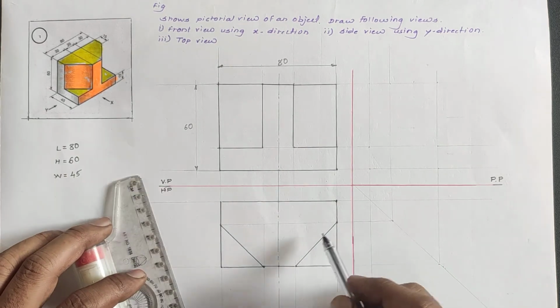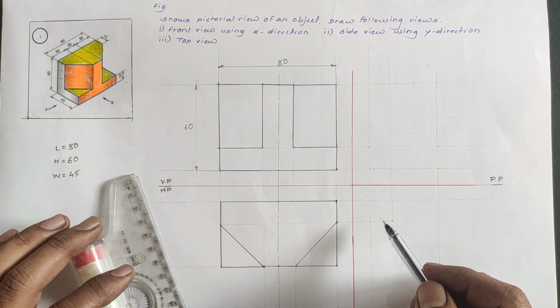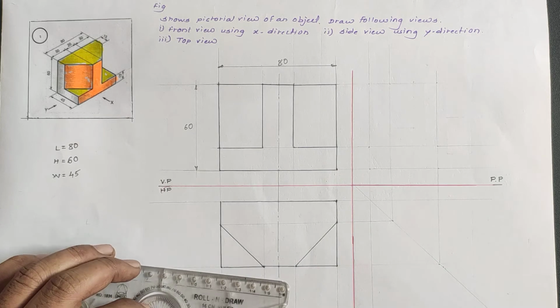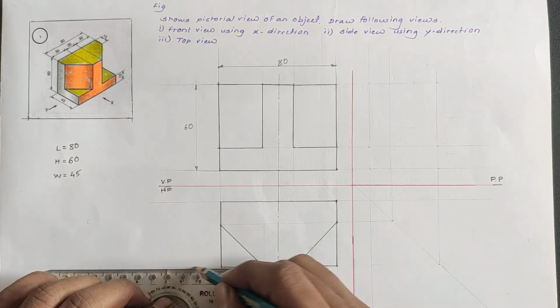In top view we can see this object, there is no invisible part, so all the lines are visible. We can show them with a dark line or thick line.